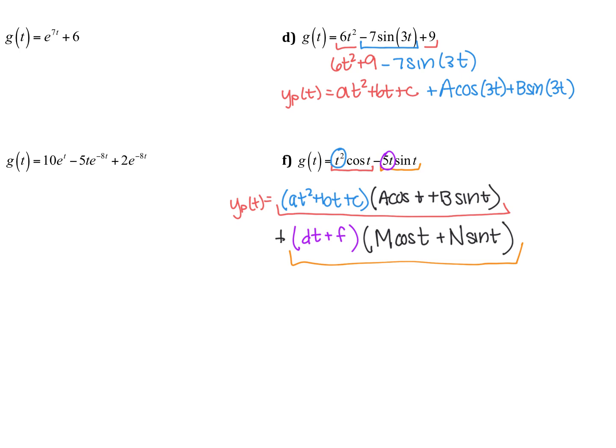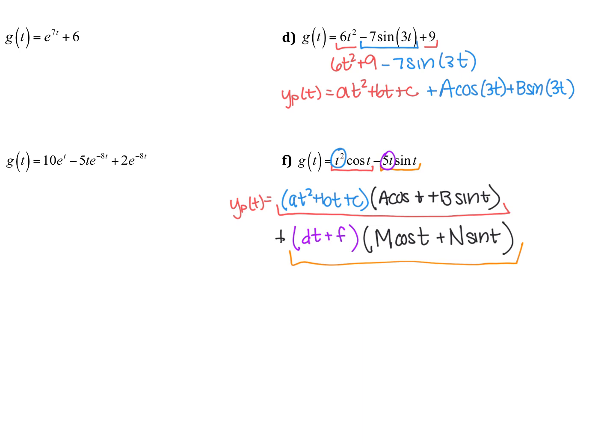If you look at this top part here, and we look down here, when we start foiling, if we were to foil these out and combine them, what would we see? Well, we would see an at squared, a bt, a c, whatever the constant is, multiplied by this, but we'd also have a t term here and a constant here multiplied by a cosine and sine with the t also. Wouldn't they just be able to combine to be one expression?